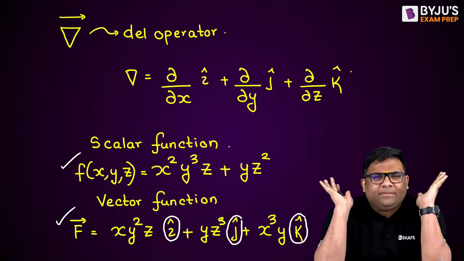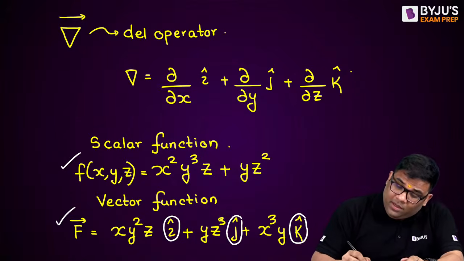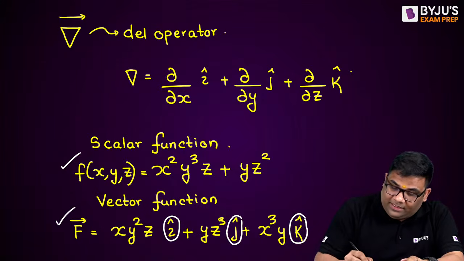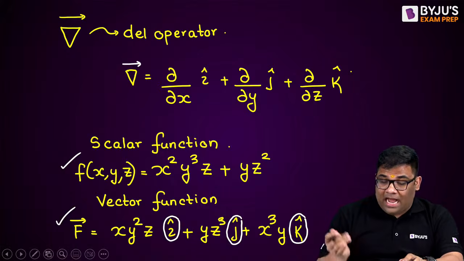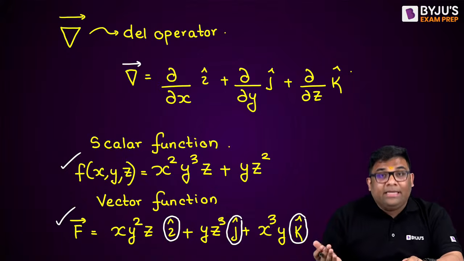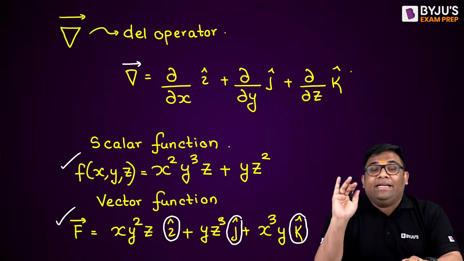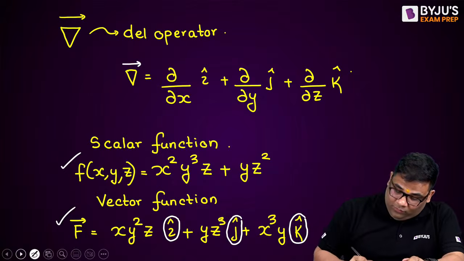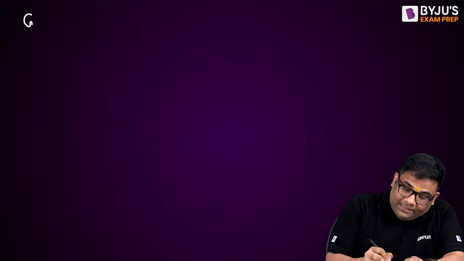Easy, very easy. Now, when this del operator, which is itself a vector, acts on either a scalar function or a vector function in some way, then curl, gradient and divergence come into the picture. The first one we will see is gradient.